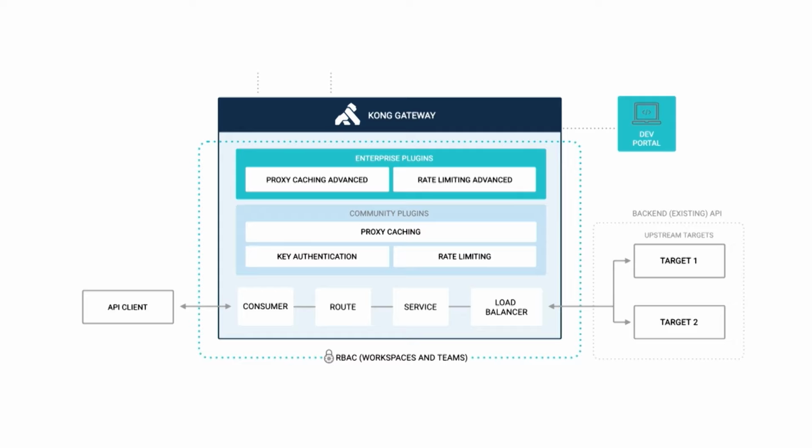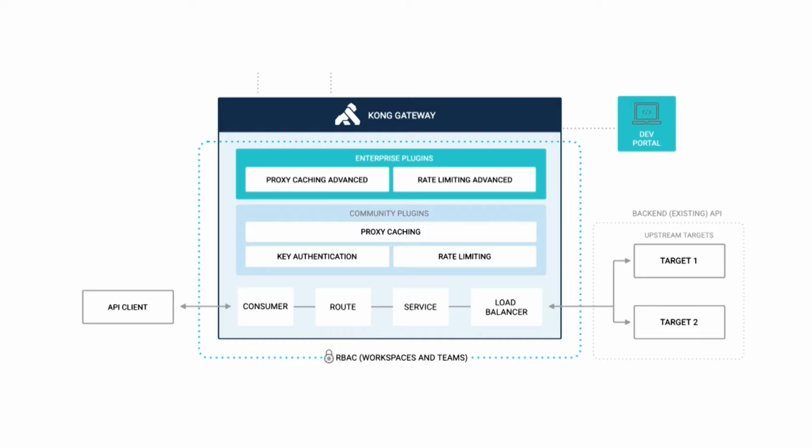We have chosen to use Kong's enterprise product to help manage the APIs going to our FHIR server. The Kong gateway has a lot of very sophisticated features, including proxy caching and rate limiting, but it has all the capabilities that you would expect in an API manager.